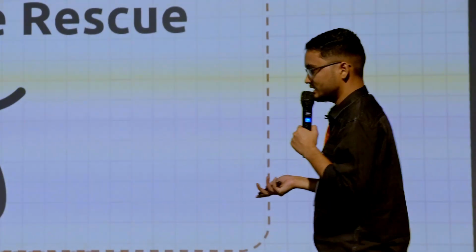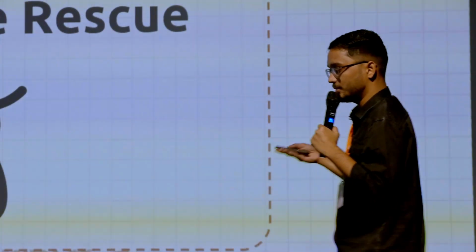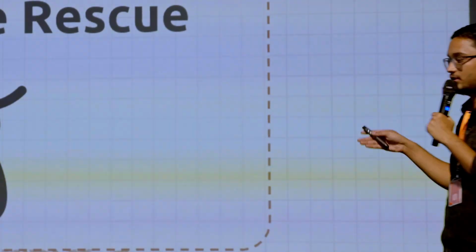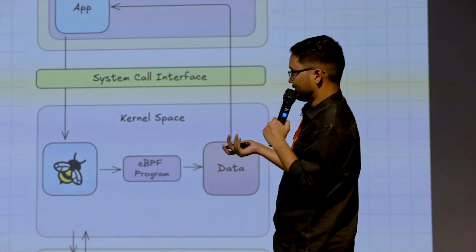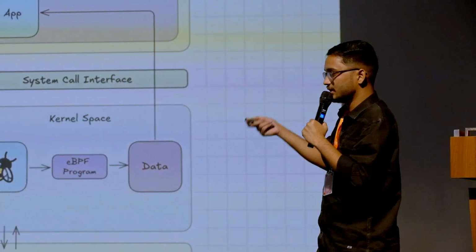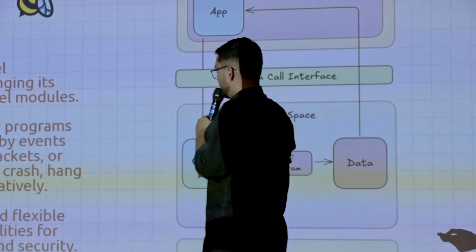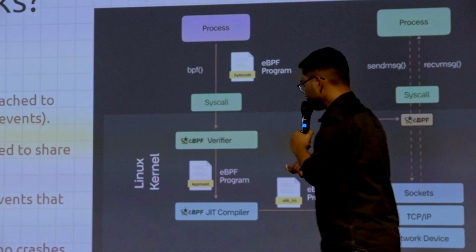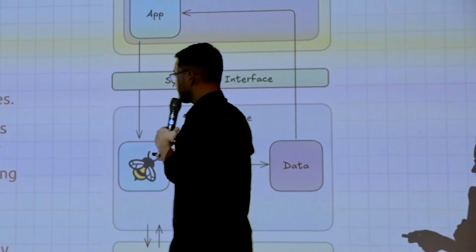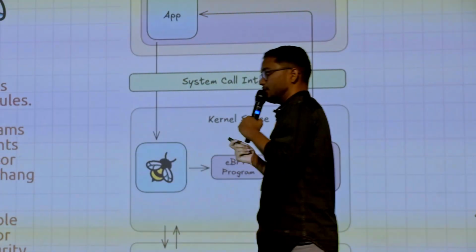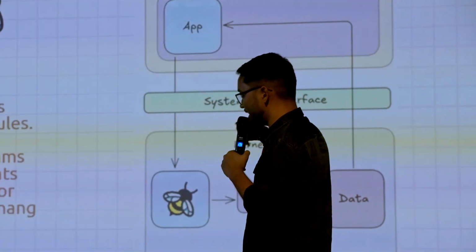And what is eBPF? eBPF makes the Linux kernel programmable without harming it, and it is very safe. eBPF helps us run source code in the Linux kernel, and it is a safe, efficient, and flexible way to extend our observability and security as well.